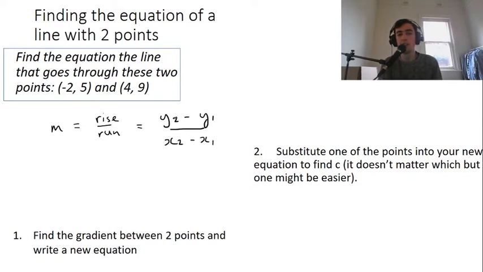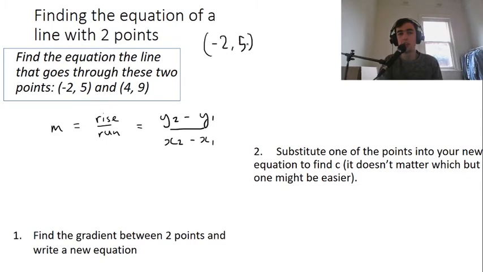So you might look at that and say, what on earth is that? And there's two things we can do to make this a little bit easier. The first thing is to work out what exactly is y2 and y1 and x2 and x1.